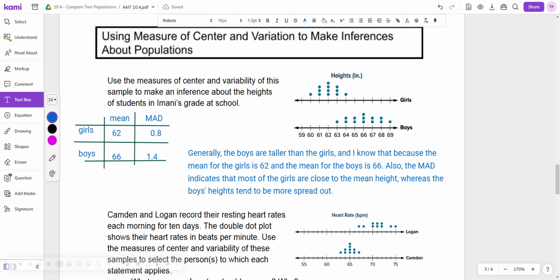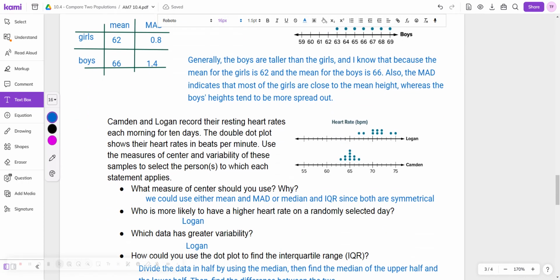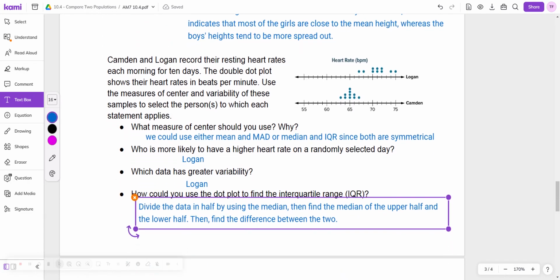Looking over this again, they're dot plots, so I can use either the mean and MAD or the median and the IQR. I see that they're both symmetrical, so still I can use either. What measure of center should you use? Well, I could use either the mean and MAD or the median and the IQR, since both are symmetrical.